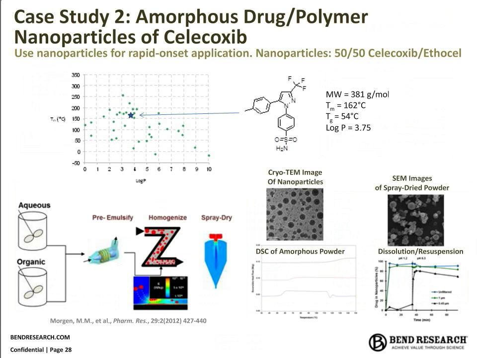The second case study that I'll go through is of an amorphous drug-polymer nanoparticle for Celecoxib in ethyl cellulose made by the emulsion process that I described earlier. So the formulation driver here was rapid absorption of this drug for pain management. And the nanoparticles that were made consisted of, as I said, Celecoxib and ethyl cellulose, and were made by an emulsion approach using either dichloromethane or ethyl acetate into water.